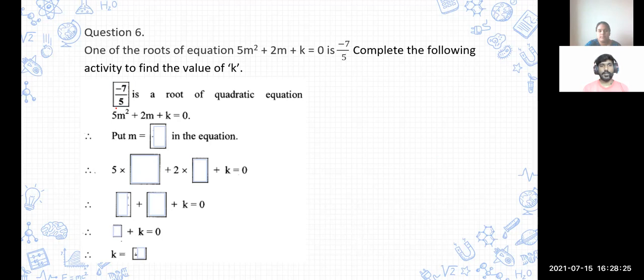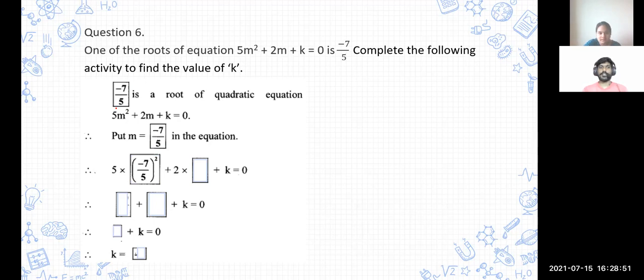Then I put m is equal to dash in the equation. So what should come in the second box? You have to substitute m as something. Minus 7 upon 5. Correct. Substitute m is equal to minus 7 upon 5 in the equation. So in the second box, write minus 7 upon 5. Everywhere it is minus 7 upon 5.